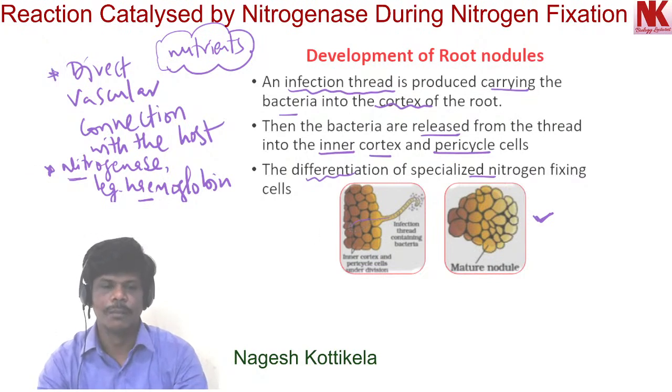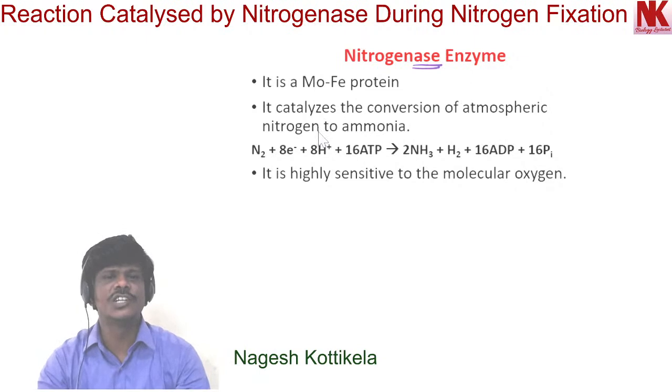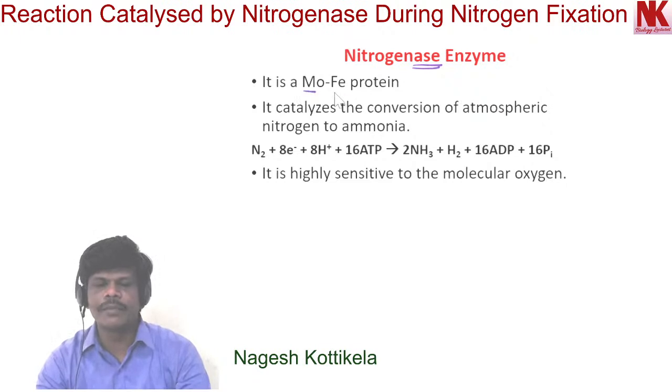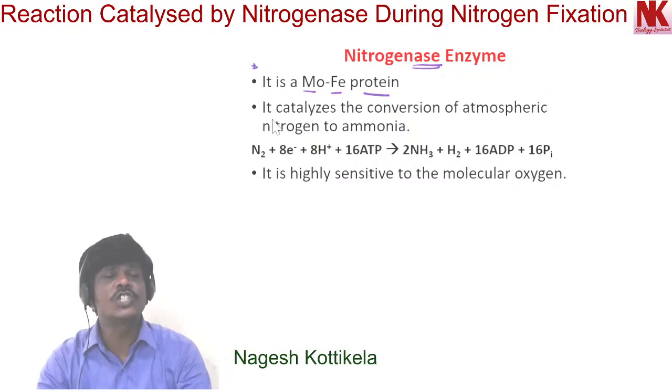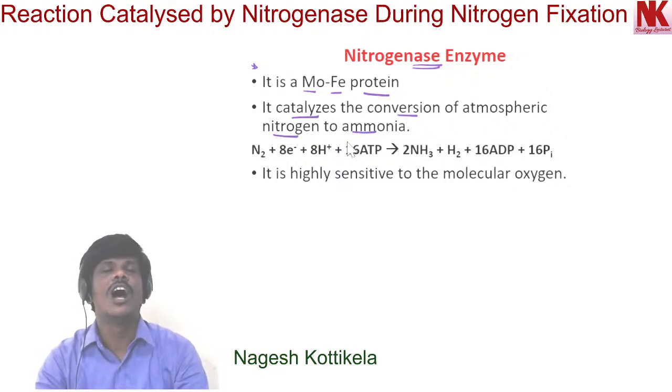Now moving to the next, the nitrogenase enzyme. Let's discuss a few important aspects about this enzyme. It is a molybdenum iron protein. Important for exams. This enzyme, nitrogenase, catalyzes conversion of atmospheric nitrogen to ammonia.